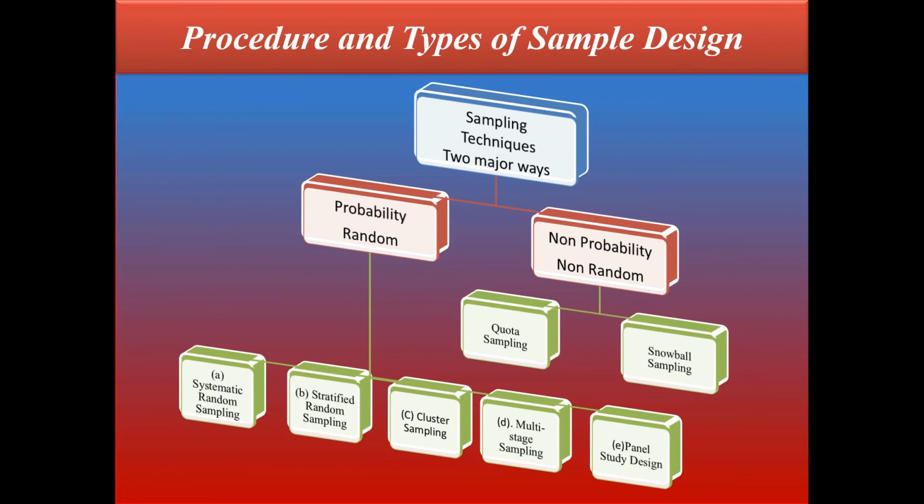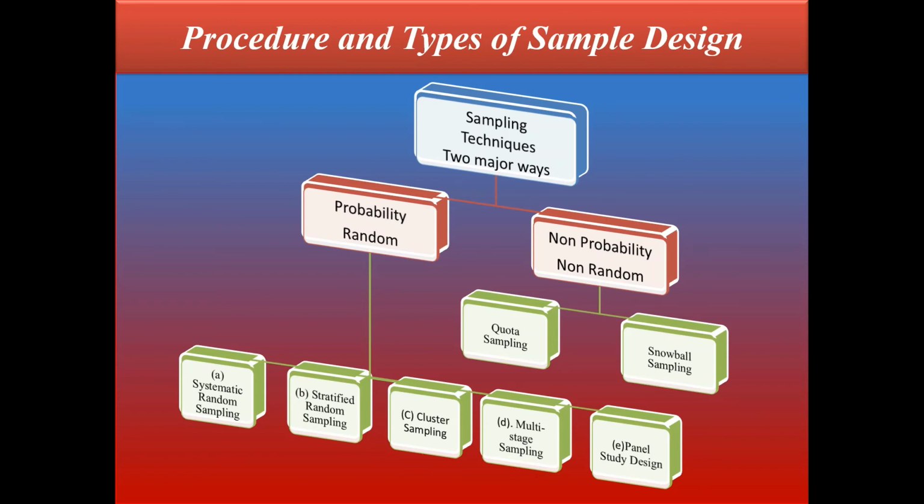Random sampling and probability sampling are very close to each other. In non-probability or non-random sampling, your choice prevails in different ways. Probability and random sampling is more accurate and more authentic.